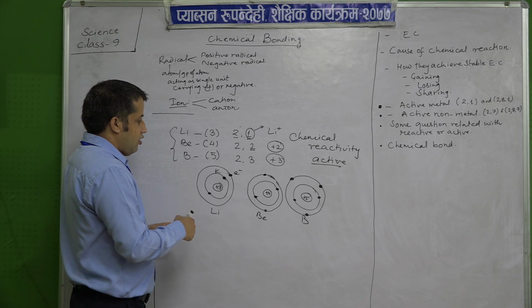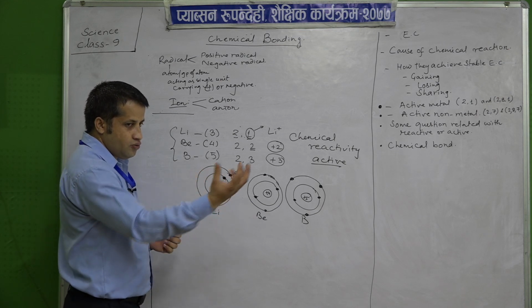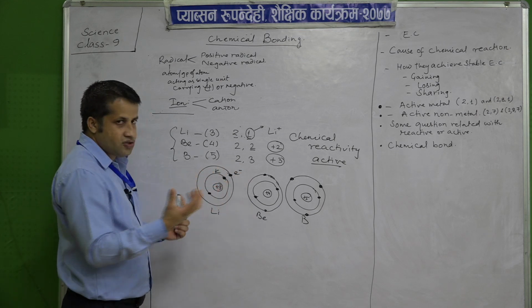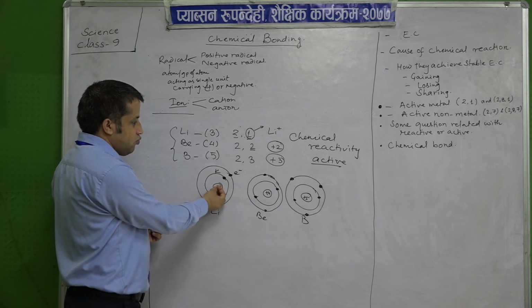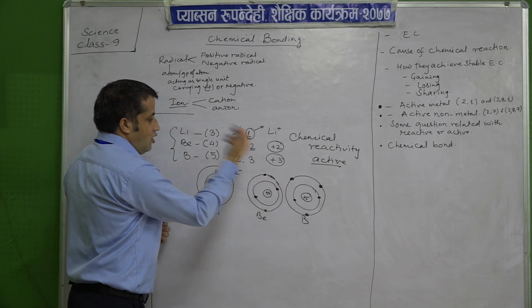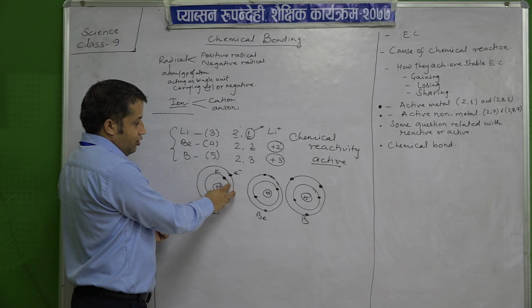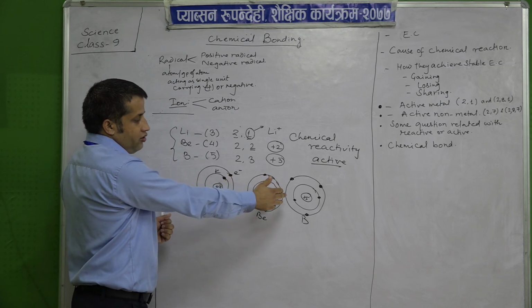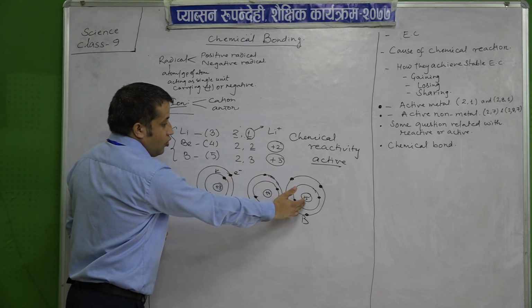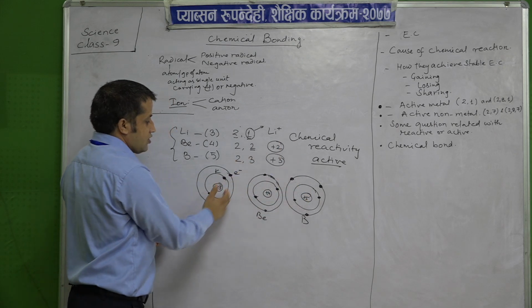The nucleus has a positive charge, it will attract the electrons towards it, and that is called nuclear charge. Nuclear charge is more in boron and less in lithium, because the number of protons is more there.